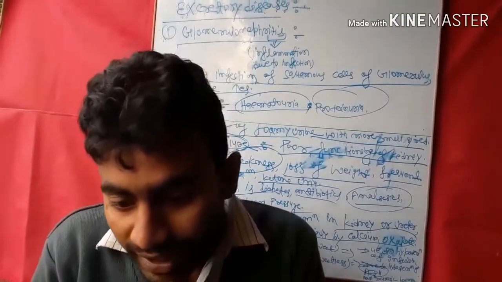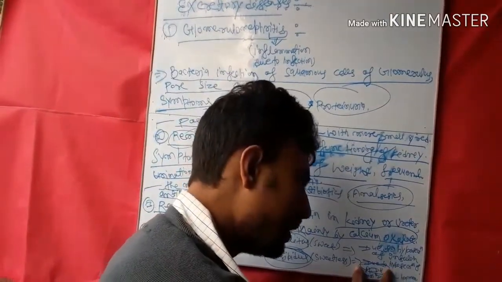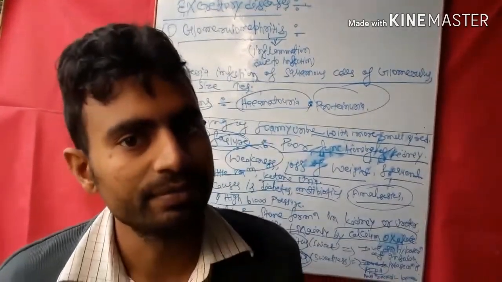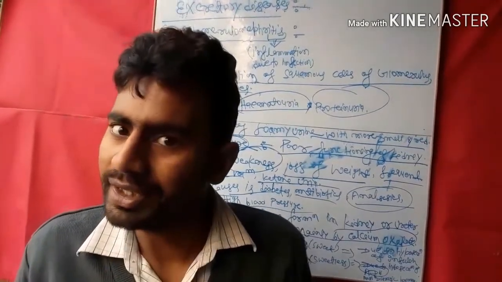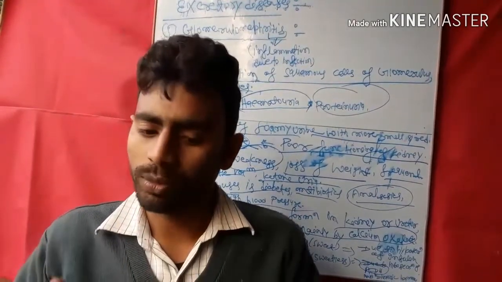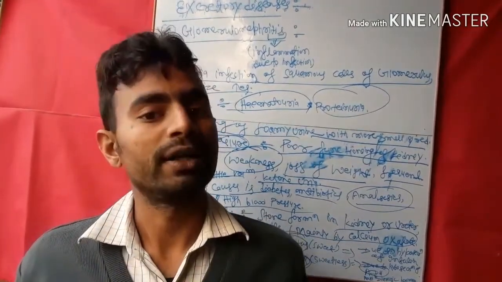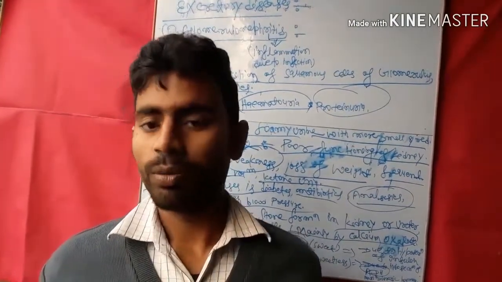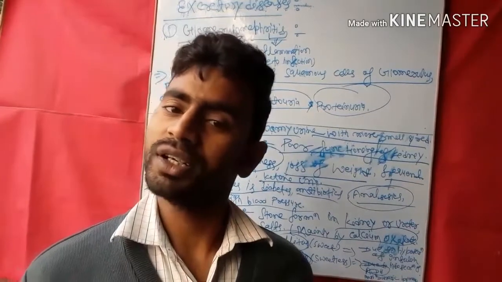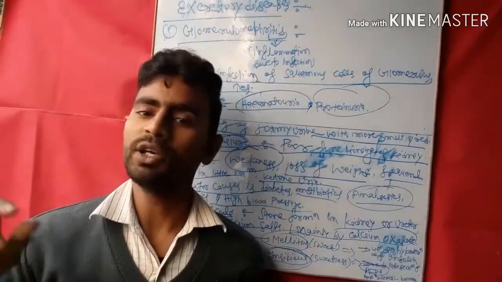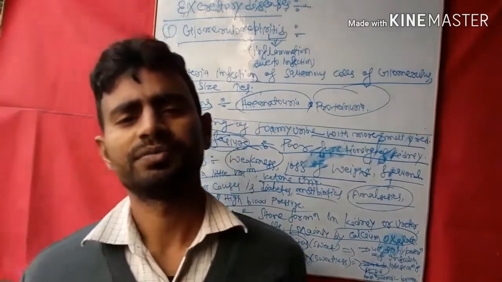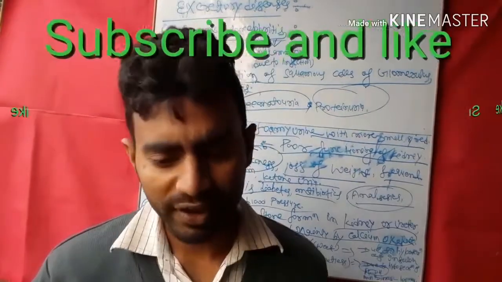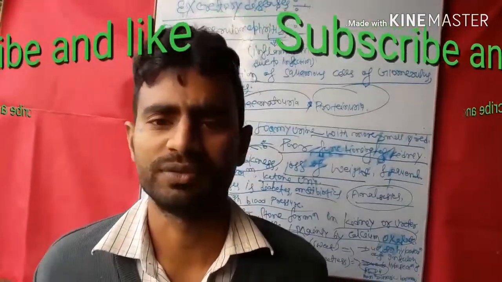Less ADH means less reabsorption of water, so there is more water in the urine. When there is more water in the urine, the urine is not concentrated; it is dilute.